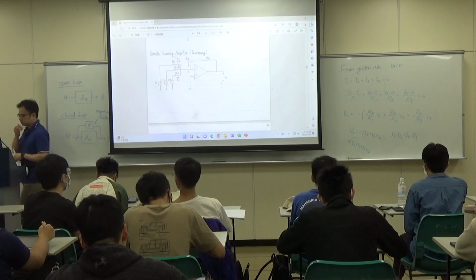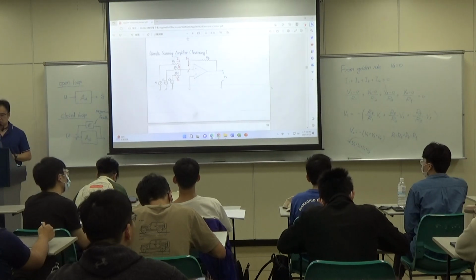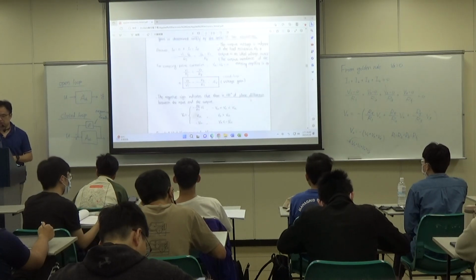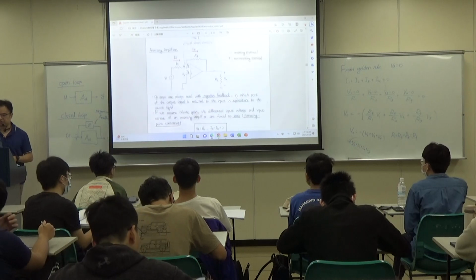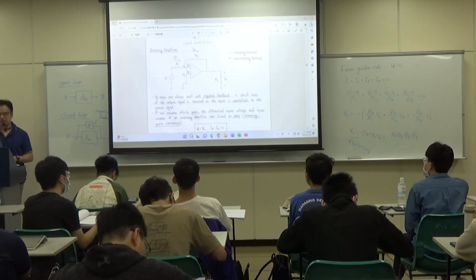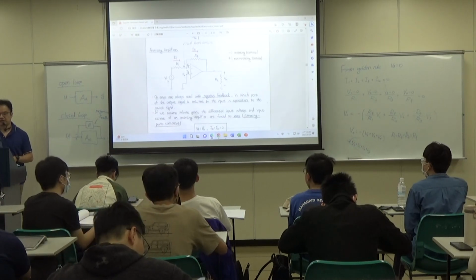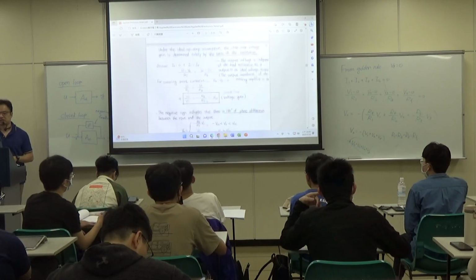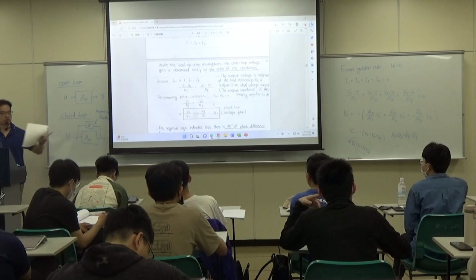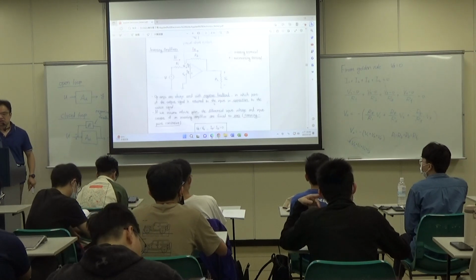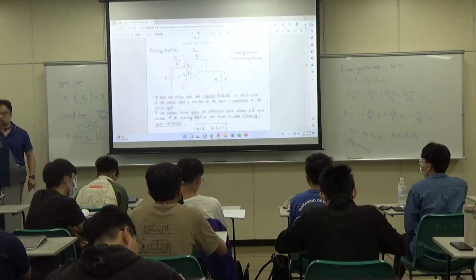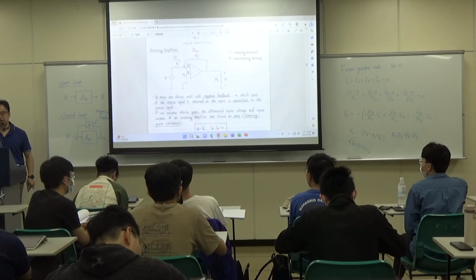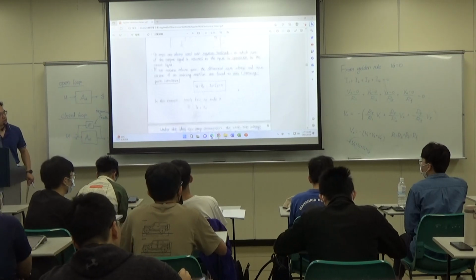Okay. If you remember for the inverting amplifier, we can enlarge VI, but we will have a minus sign. So if you want to get rid of the minus sign, we just add an inverting amplifier at VO.